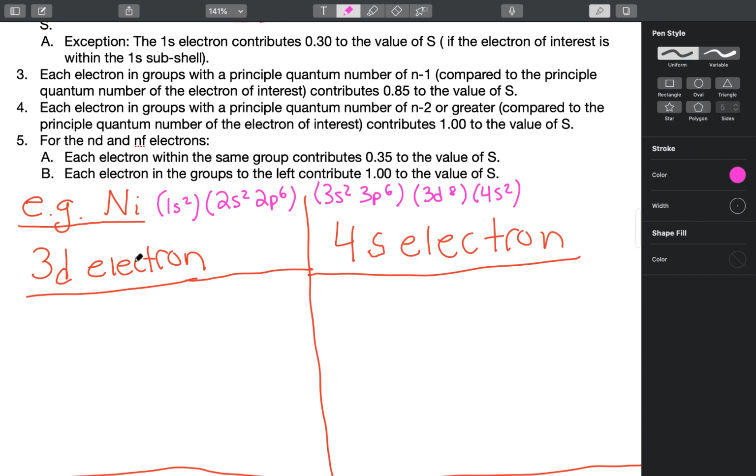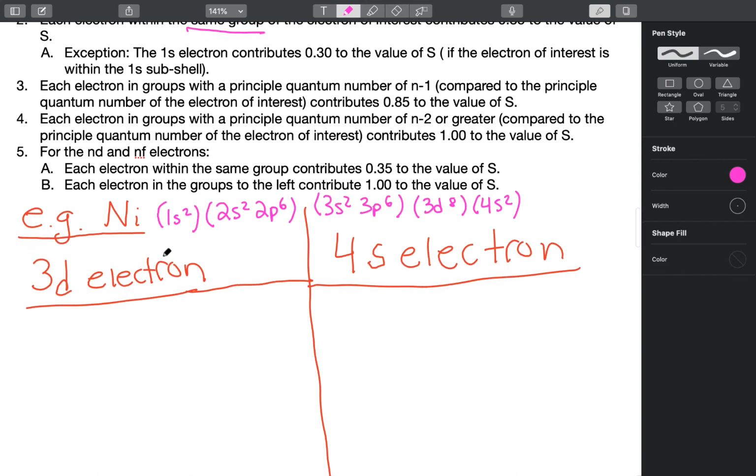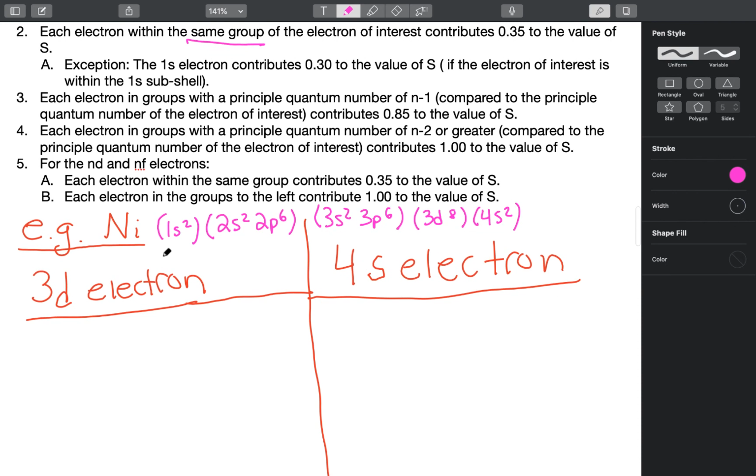So the first thing that I'm going to do is find out the effective nuclear charge for a 3d electron. So how would I go about doing that? Let's go back to our rules here. The first rule that is relevant to this calculation is Rule 5a.